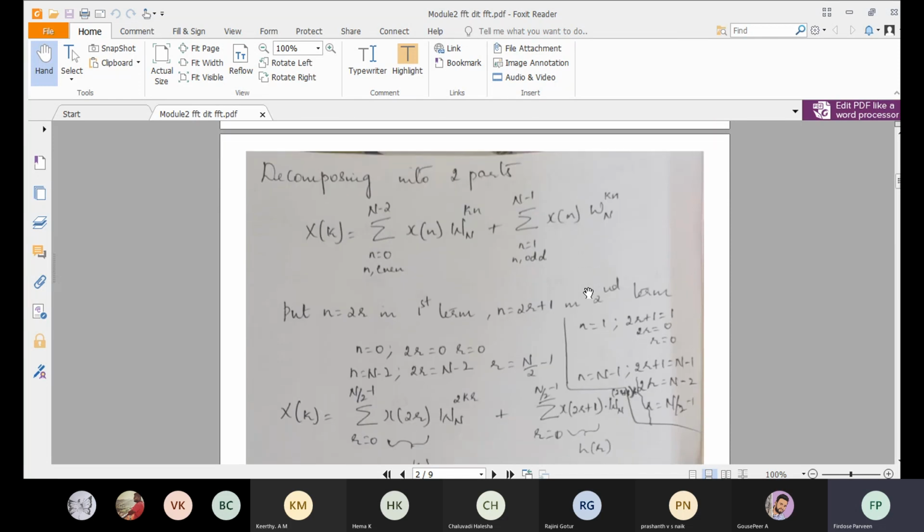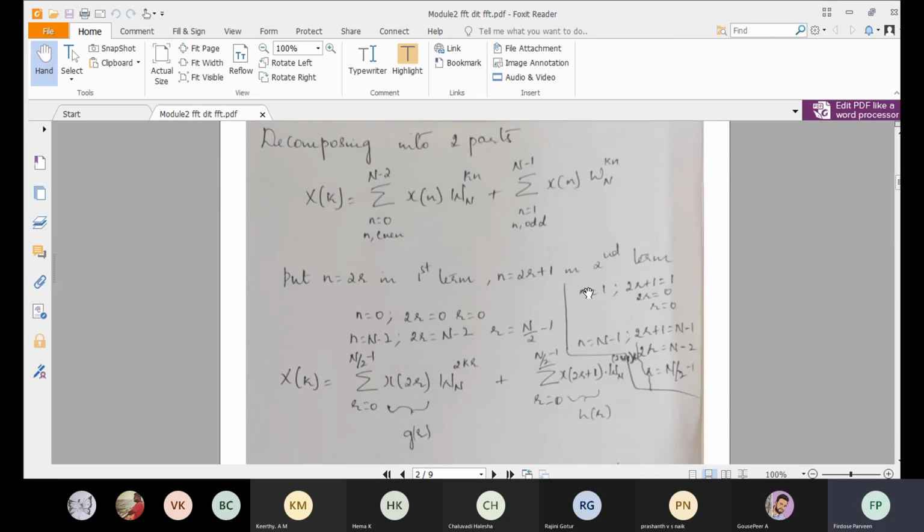So now what will be your next step? Put n equal to 2r in the first term and n equal to 2r plus 1 in the second term. Here the limits also will change. When I put n equal to 2r, n equal to 0 gives 2r equal to 0, that is r equal to 0.